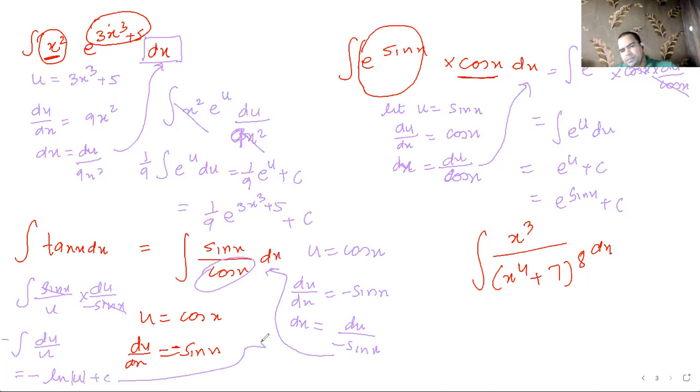And of course, then, because u was cos x, it'll be negative ln cos x plus c. So this is the integration of this, which, if you use the log property and bring back the power, becomes ln sec x plus c.